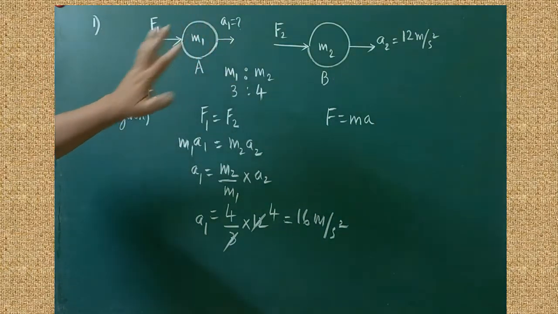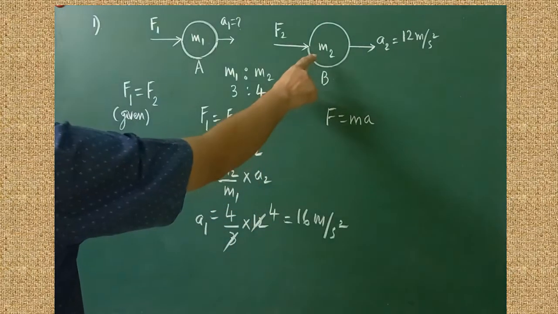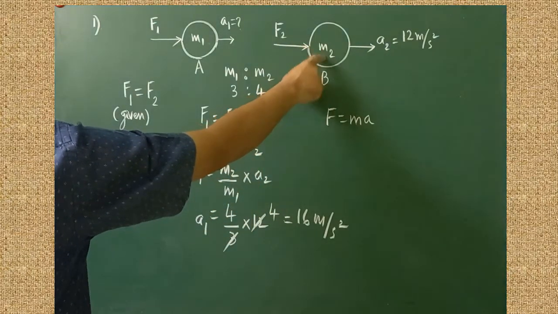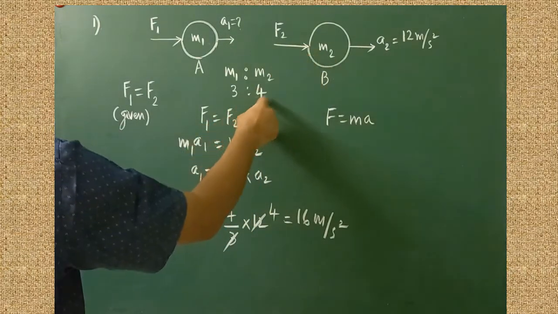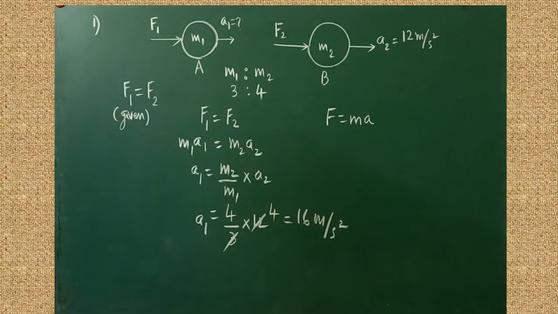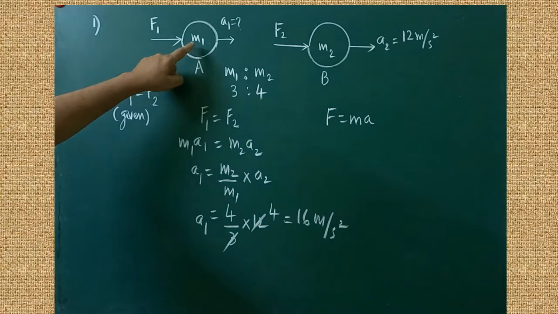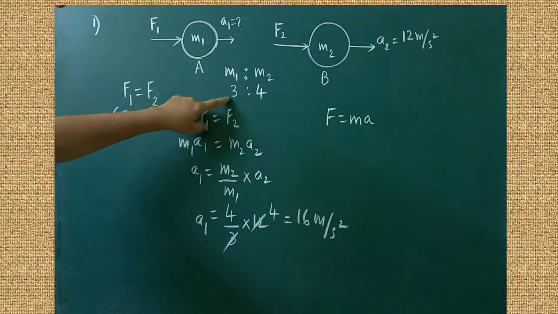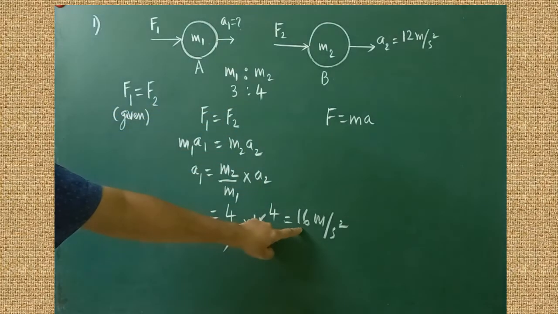So what you have understood from the problem is that for the body with greater mass, its acceleration will be less. Are you clear? The same force is acting on the first body, but its mass is lesser. Since its mass is lesser, its acceleration will be greater. Are you clear?